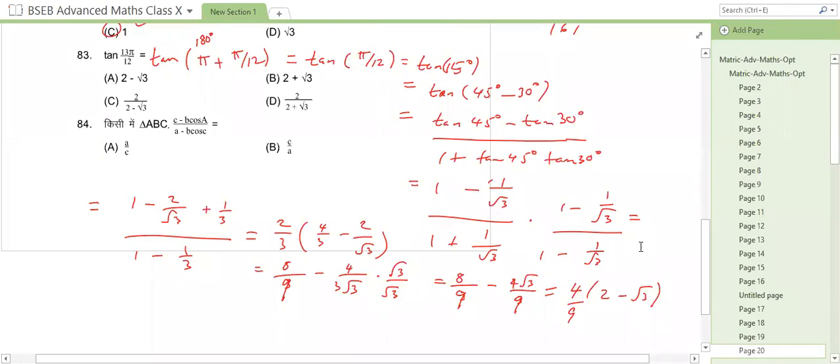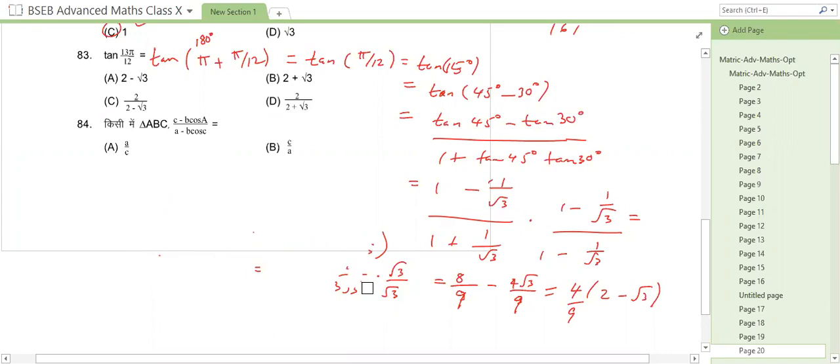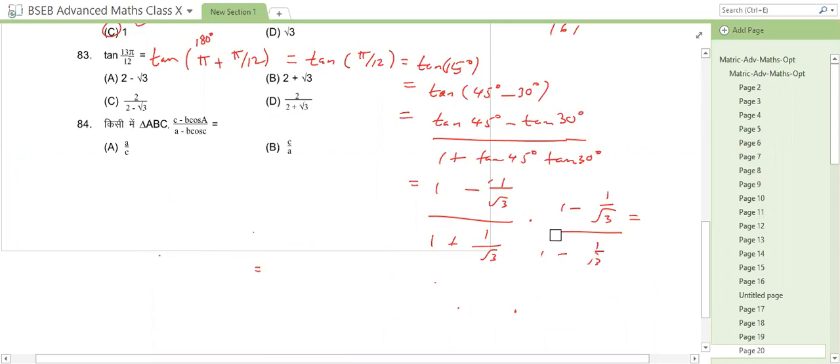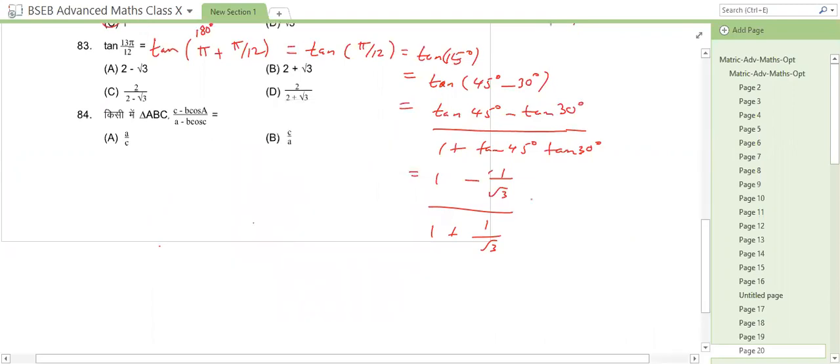Guys, it's too much. Right, let's try another technique here. Let's not multiply with the conjugate, let's just try to simplify this as it is. Maybe this was a better idea.